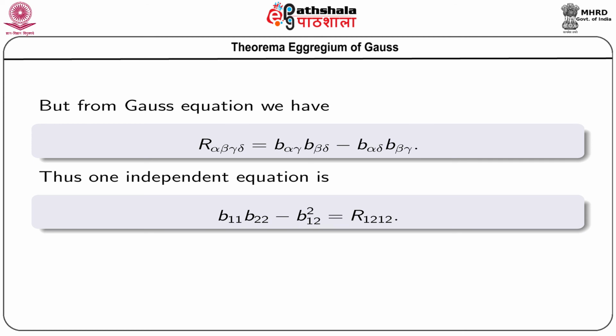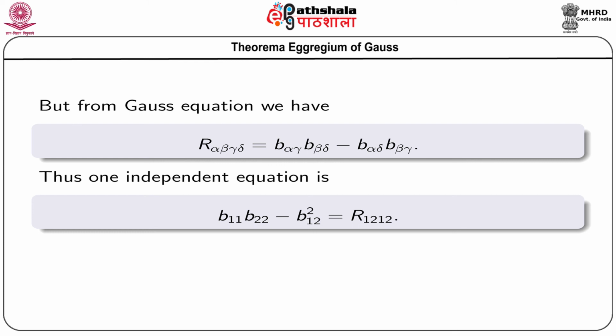Now, this R1212 is the 0,4 tensor, the Riemann curvature tensor. We have obtained these relations earlier. That means this R1212 can be obtained only from the first fundamental form of the surface with the derivatives, first order derivatives and second order derivatives from the Christoffel symbols.